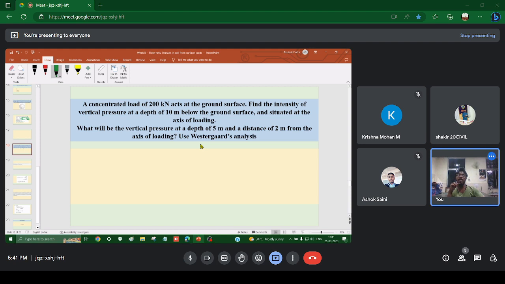This is the first part. And the second part is find the vertical pressure at a depth of 5 meter and a distance of 2 meter from the loading axis. Same kind of load, concentrated load. Now you have to find the pressure at a depth of 5 meter and a distance of 2 meter from the axis, meaning the radial distance is 2 meter.